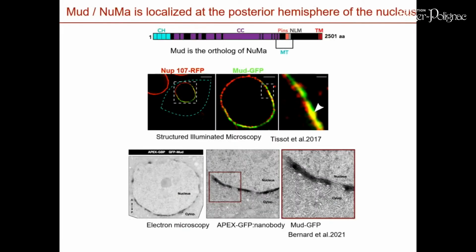Mud is the ortholog of the human protein NuMA. It is asymmetrically located at the nuclear envelope, and more precisely at the outer side of the nuclear envelope, which faces the cytoplasm.